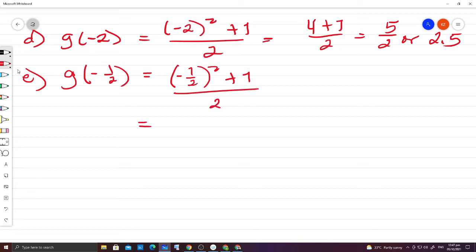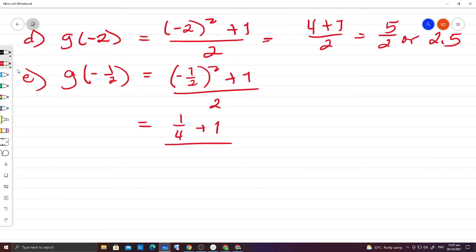What is negative 1 half times negative 1 half? 1 half. You can use your calculator. 1 over 2 times 1 over 2. How many? 1/4. Okay.